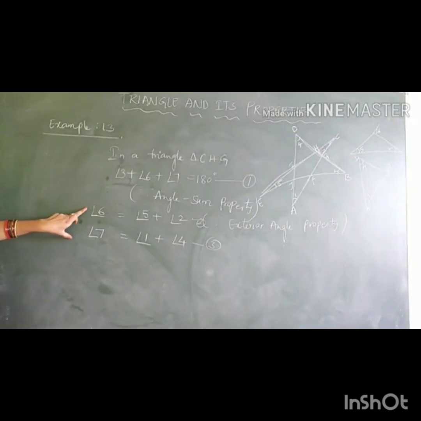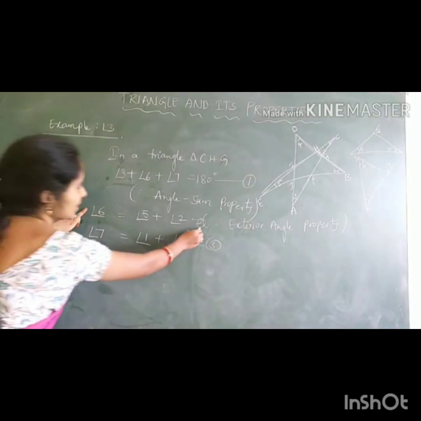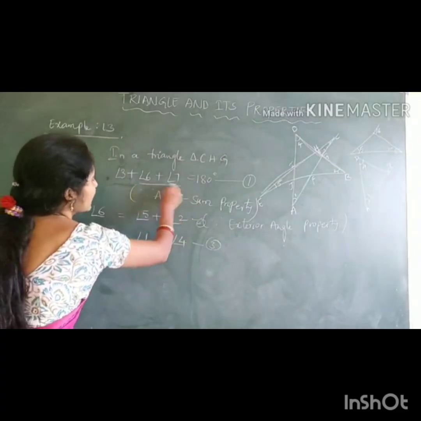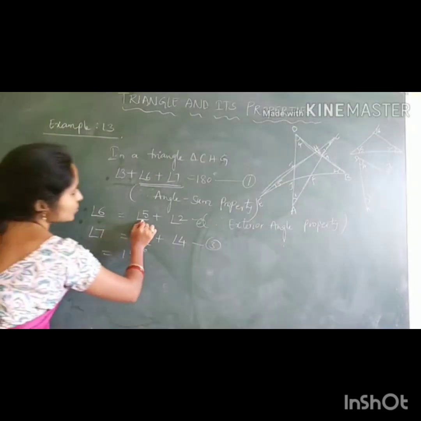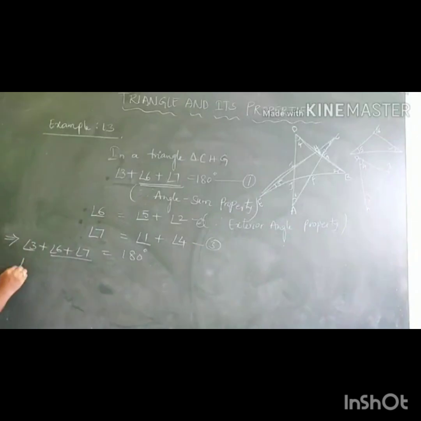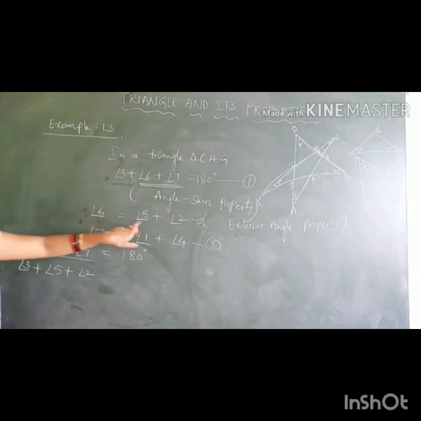Now I want to substitute the second equation and third equation in the first equation. What does the first equation say? Angle 3 plus angle 6 plus angle 7 is equal to 180 degrees. In place of angle 6, I want to substitute angle 5 plus angle 2, because angle 6 is equal to angle 5 plus angle 2.